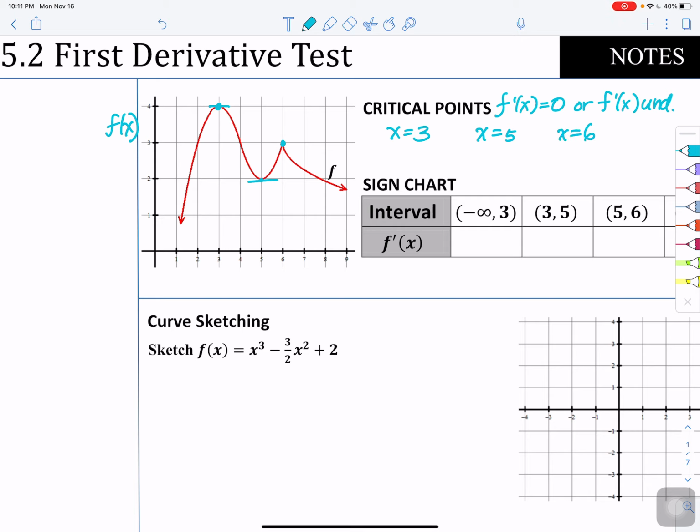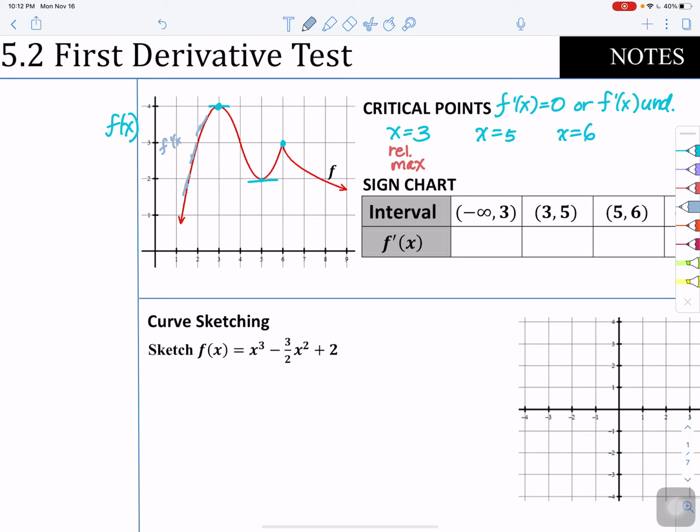Okay, so let's just take a look at each one of those critical points and decide if there's a maximum, a minimum, or neither there. I know you can just look at the graph and tell that at x equal to 3 we have a relative max. But one thing I want to show you is that all of the slopes of the tangent lines before 3 are positive.